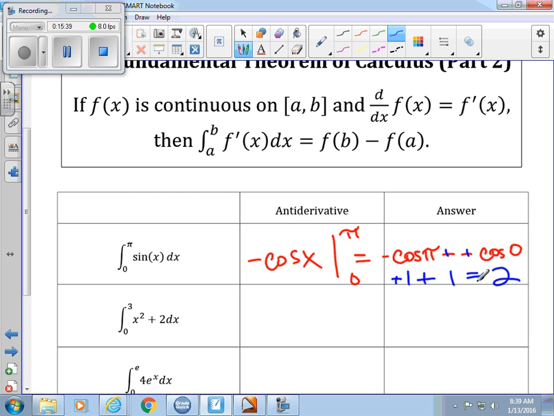If you don't believe me, get your calculator out. Go to alpha window, am I right? F int. Do the integral in your calculator. The calculator does need to be in radians, as always. What do you get? You put sine of x or negative cosine?